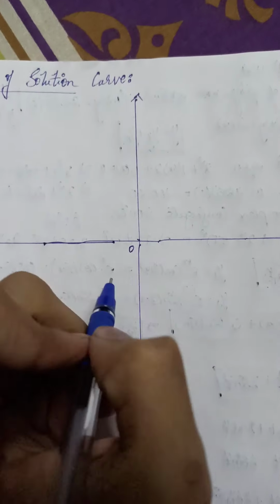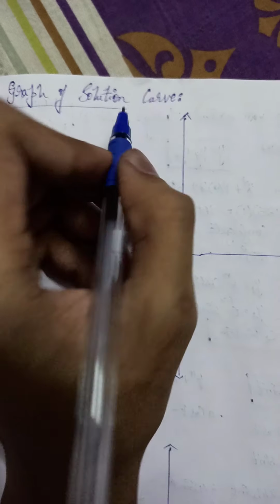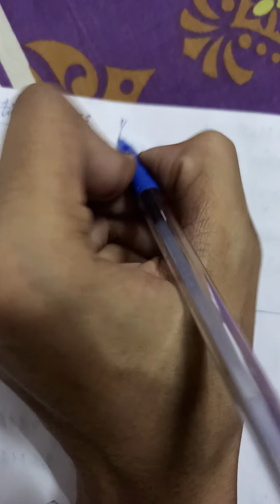I just drew the coordinates so that I can easily plot the graph. So firstly, we have to plot the graph of the solution curve. So the solution curve, as we know, is y equal to cos 5t plus sin t.